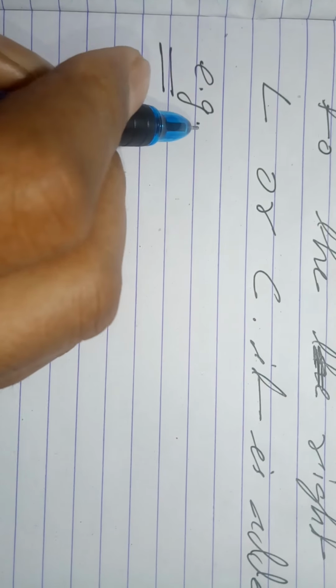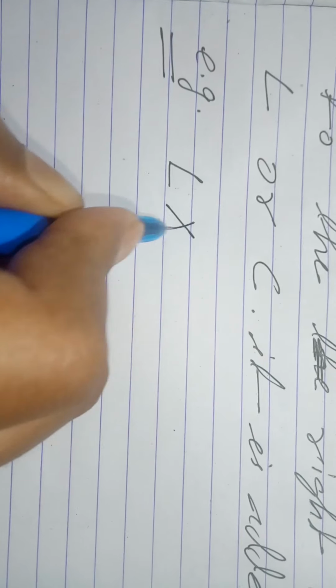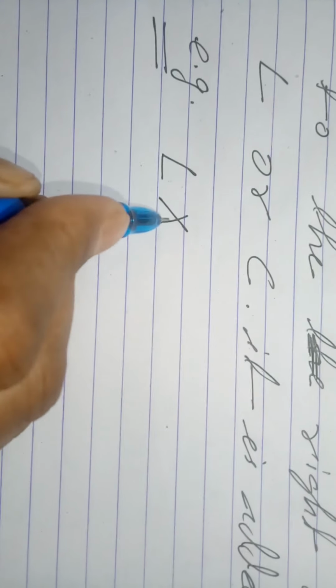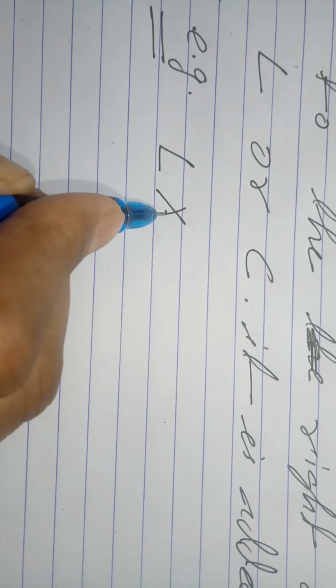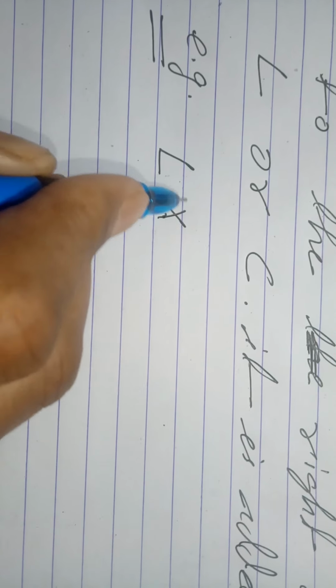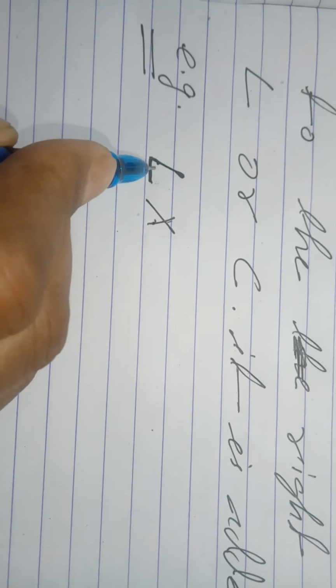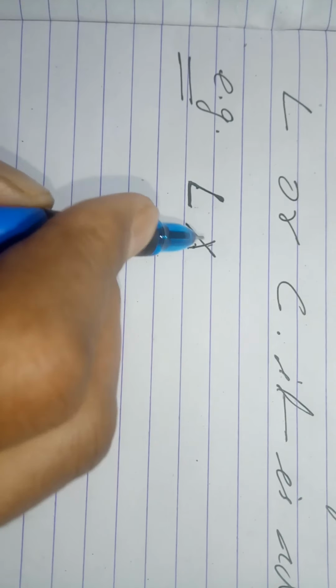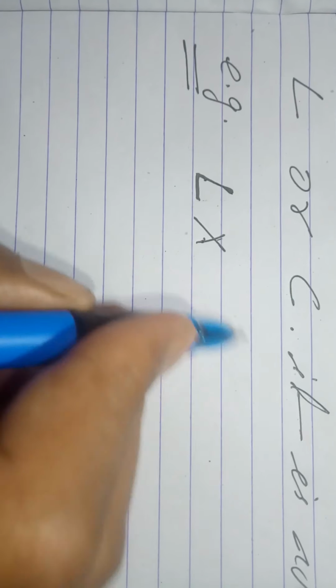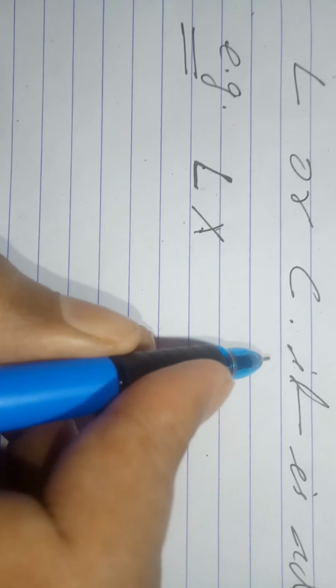For example, LX. X is written to the right of L, so according to the rule, it is added.